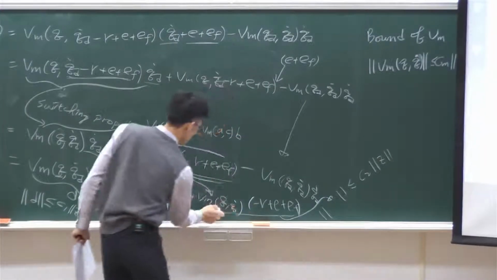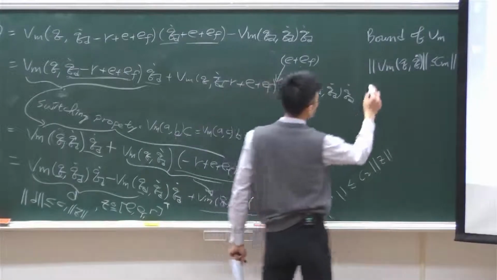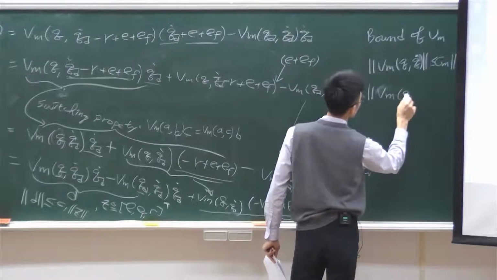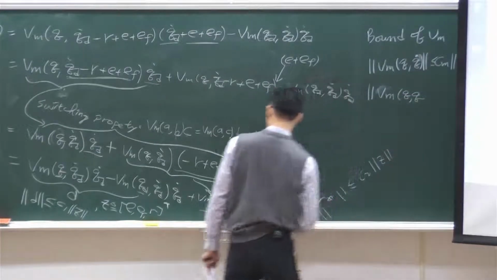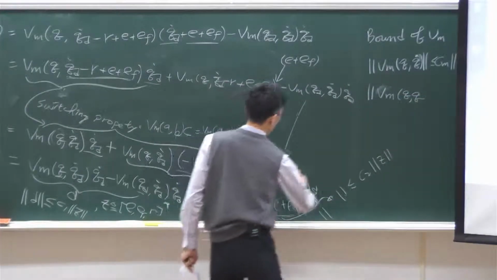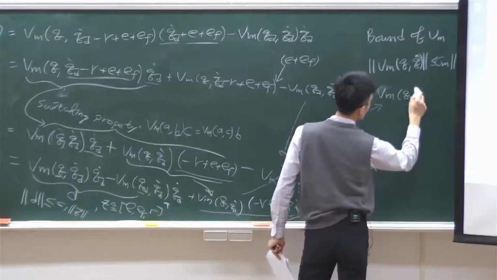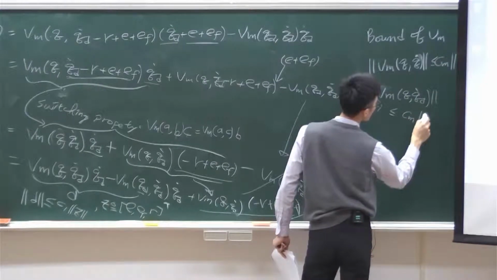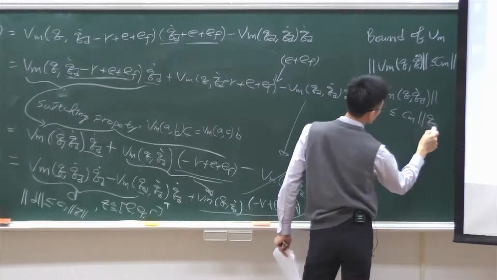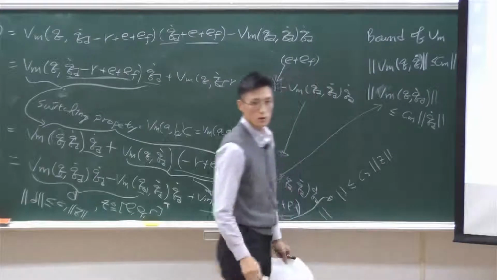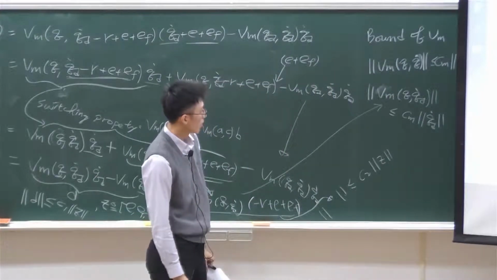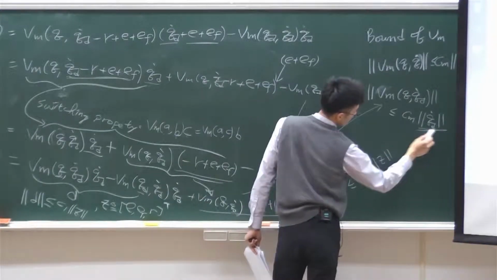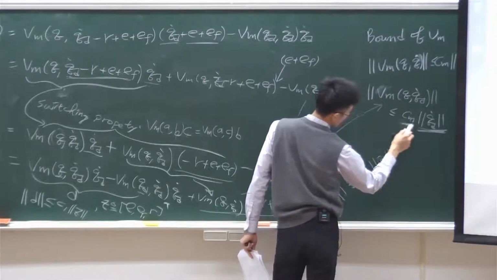Which means that Vm Q D dot can be upper bounded by some Cm and Q D dot, right? Q D dot is a non-desired velocity, and it's another constant.